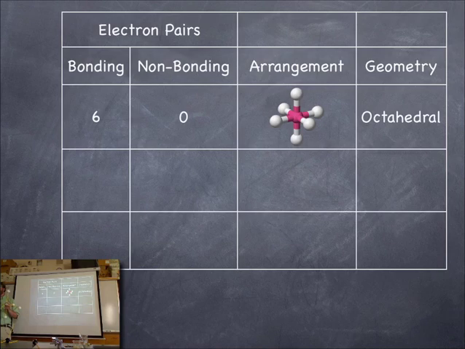What atoms or elements have 12? Elements on the 3rd period and lower can go up to 12. Phosphorus, sulfur, chlorine, selenium, bromine, iodine, those are the common ones we see.